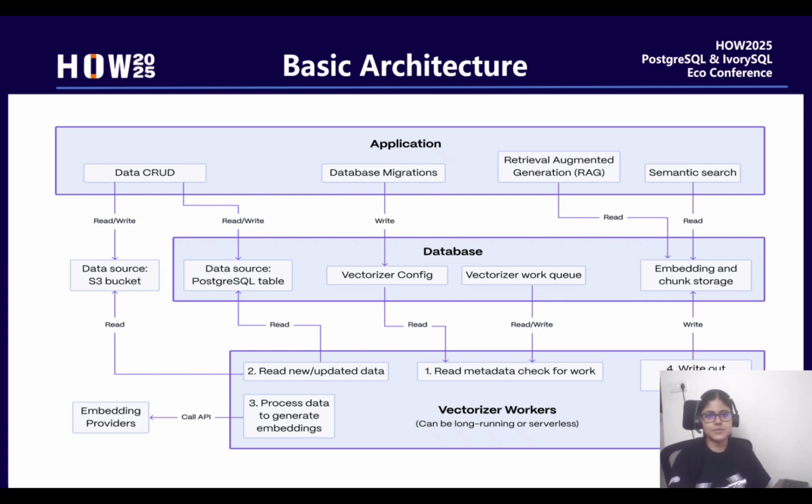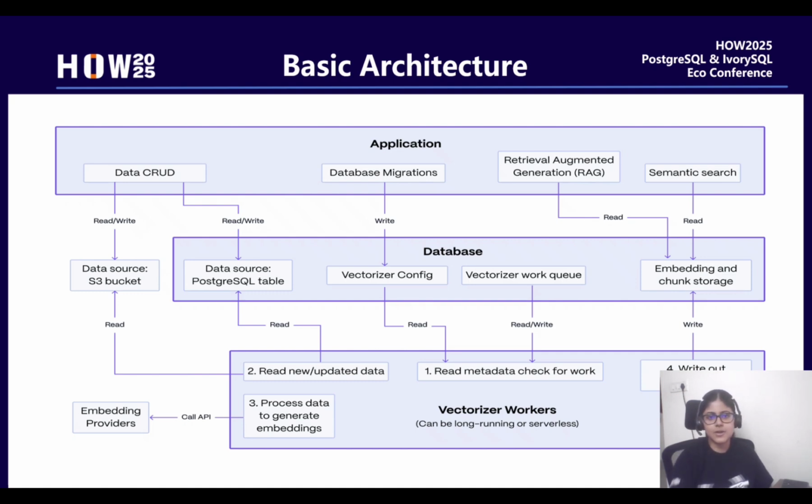So this is a basic architecture of where exactly your database, your application, and your vectorizer sit. The architecture consists of an application you will be writing on top of your PostgreSQL database, and stateless vectorizer workers.